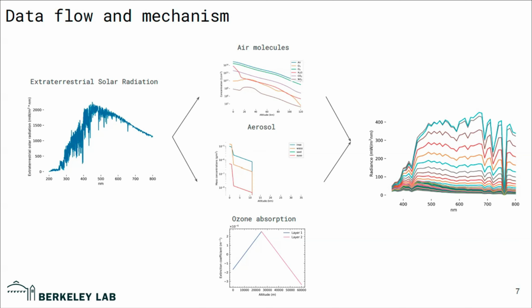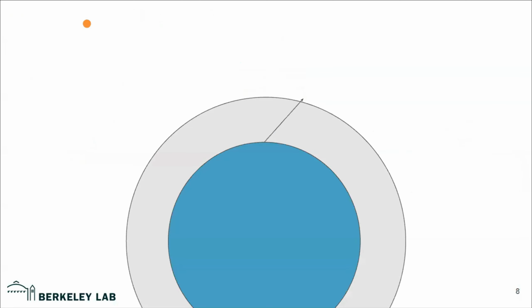Ozone is one that I didn't talk about, but it is simply an absorption profile. All ozone does is absorb. So these 3 phenomena we interact with, and on the right is our output data. For any point in the sky, we can query and look up the spectral distribution.